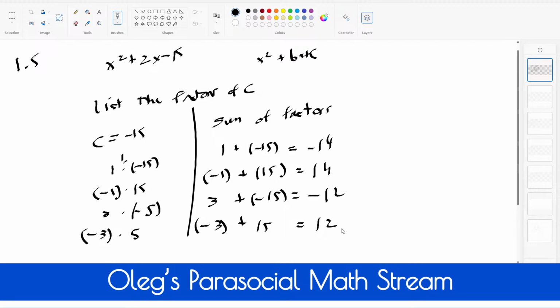I'm sorry, I made a mistake. That makes a lot more sense. There we go. It's 3 plus negative 5, which is negative 2, and negative 3 plus 5 is 2.